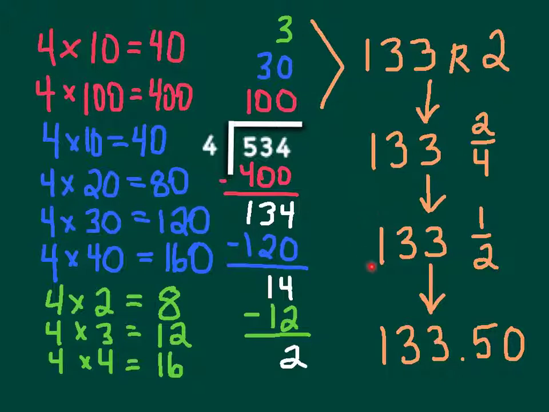We could also interpret that as 133 and 1/2, or 133 and 5/10. The reason I feel that Mr. D division is a nice transition from partial quotients to the traditional method is all we do is remove those placeholding zeros.